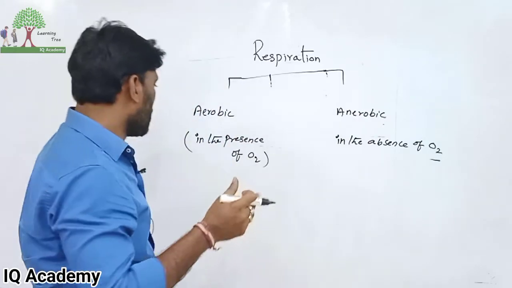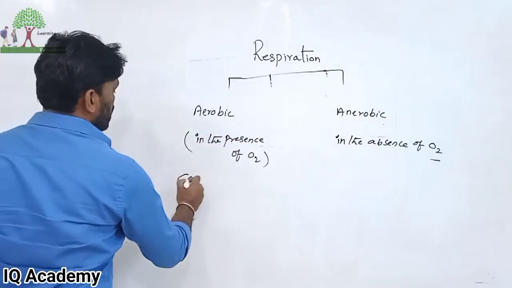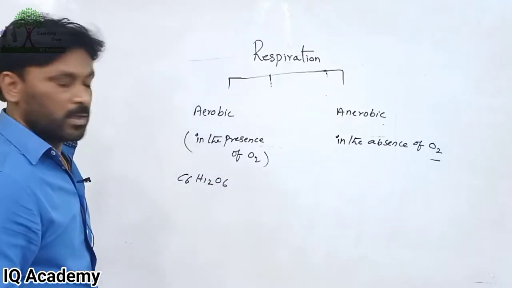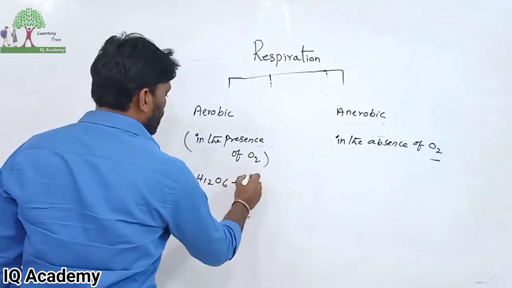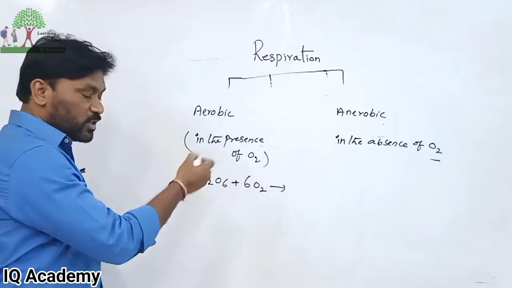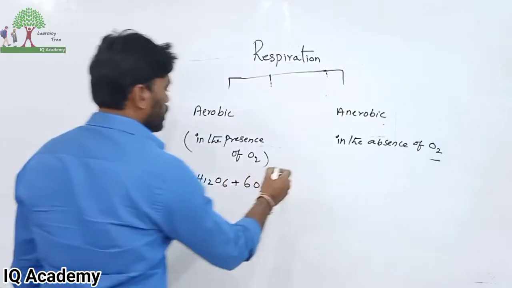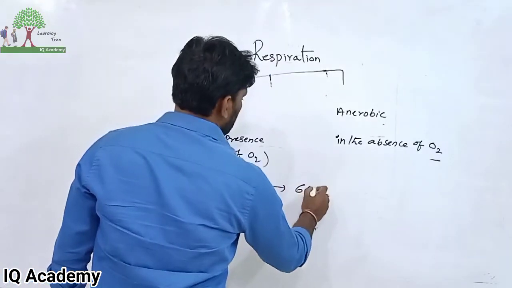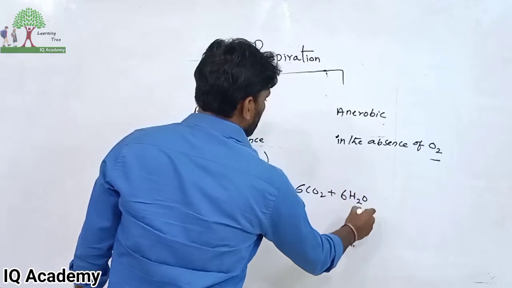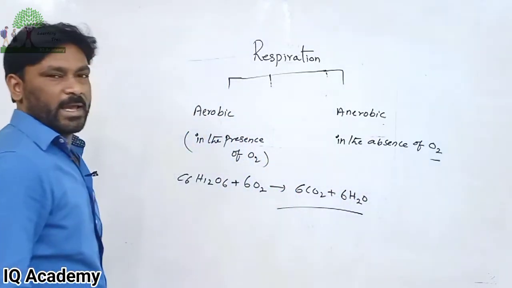So here, C6H12O6, glucose, in the presence of oxygen, breaks down into 6CO2 plus 6H2O. It breaks down into carbon dioxide and water.